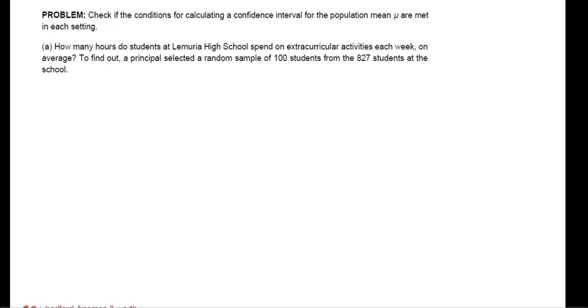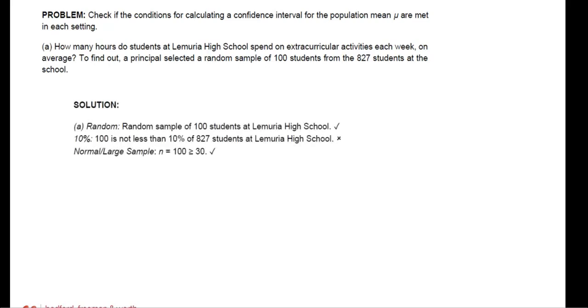How many hours do students at Lanier High School spend on extracurricular activities each week on average? To find out, the principal selected a random sample of 100 students from the 827 students at school. Are the conditions met? It seems to be a random sample. That's good.